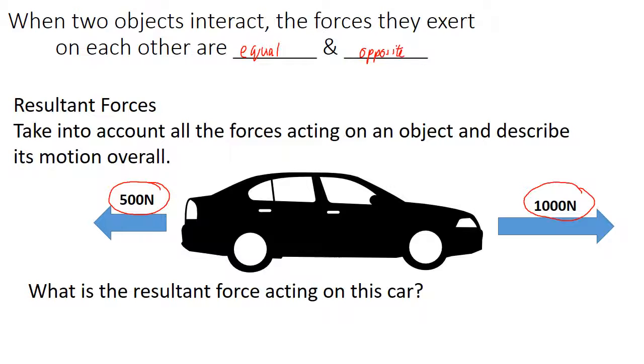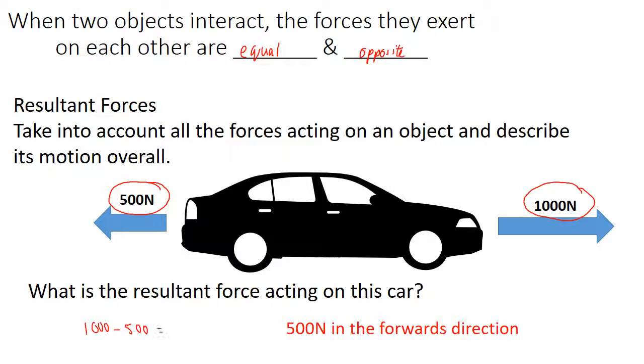So overall, you can just tell me, I'm sure, that the car is going to move forwards because there's 1,000 newtons acting in the forwards direction, but only 500 newtons pulling it back. Now, a resultant force tells you that. It describes which direction the car would move and by how much. So overall, the resultant force acting on this car would be 500 newtons in the forwards direction.